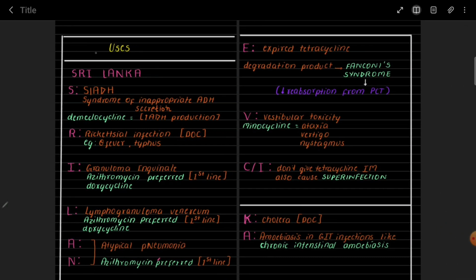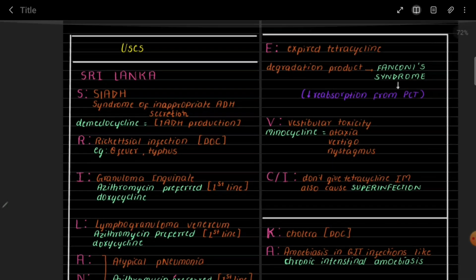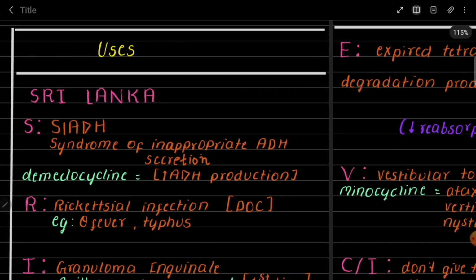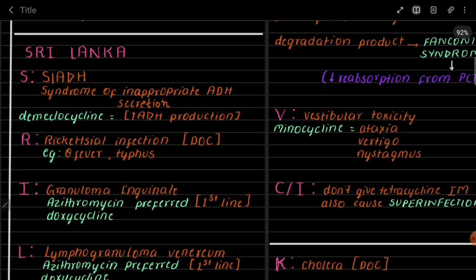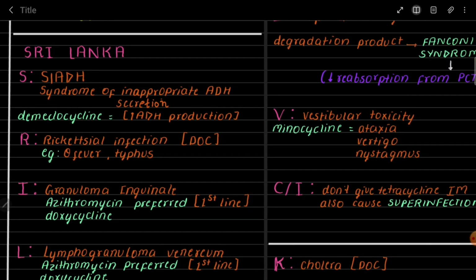Finally, let's look at a few uses. This can be learnt by the acronym Sri Lanka, again taken from the GRG textbook. S here stands for SIADH, the syndrome of inappropriate ADH secretion. We just saw earlier that demeclocycline antagonizes ADH action, and that led to a condition like diabetes insipidus.